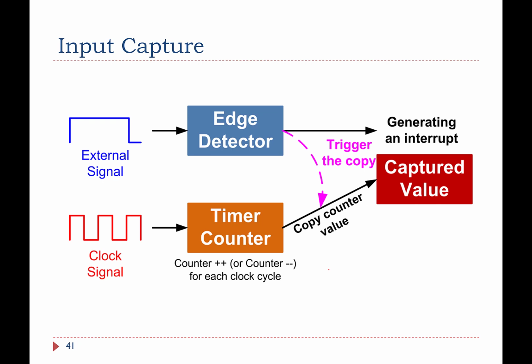And whenever that external signal detects an edge, whichever way you tell it to start detecting edges, it's going to say, oh, let's look and get the timer counter when that edge occurred, and I'm going to capture that value. And either it can generate an interrupt, or we just find some way to note that, okay, it captured a value and we have to do something with it.